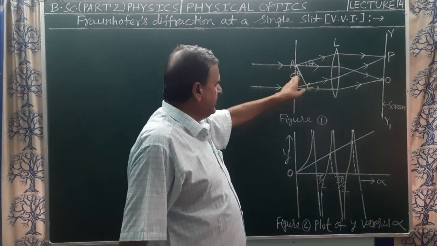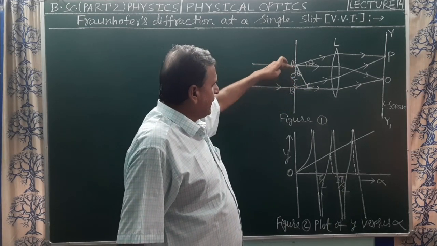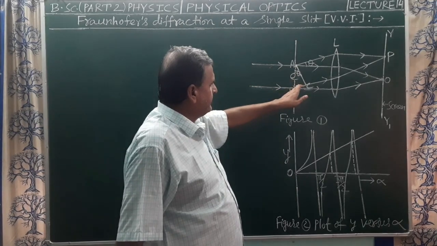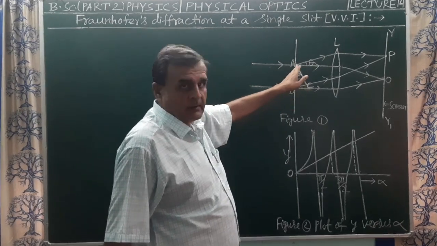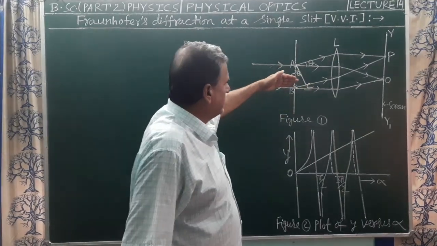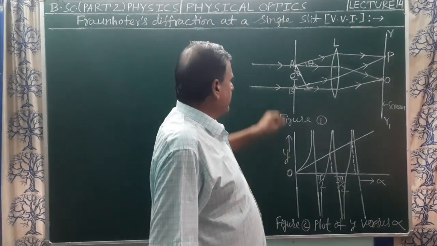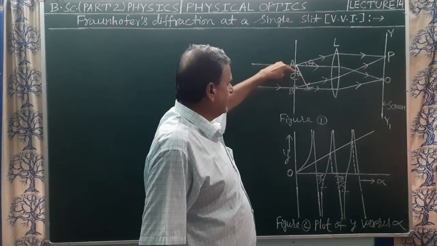This distance BC is given by e sine theta, a small e into sine theta, because in the right angle triangle we have drawn a perpendicular AC on BP, so that angle BAC is theta.